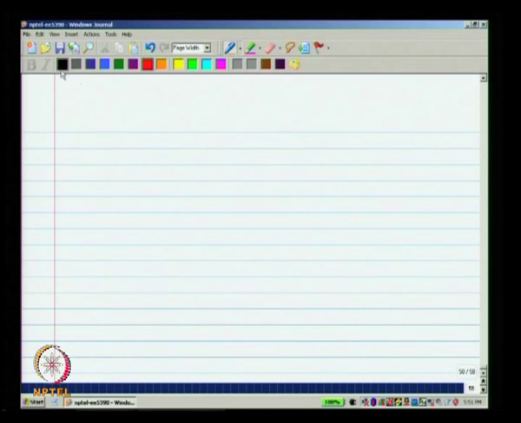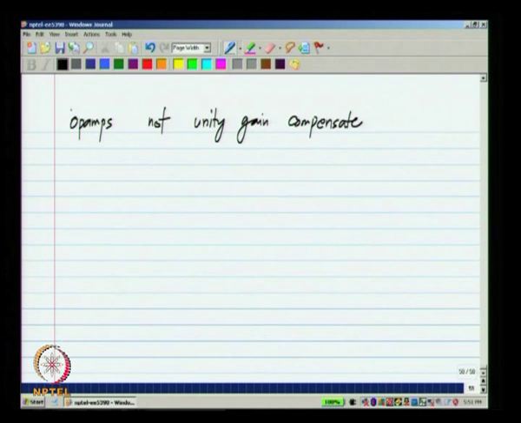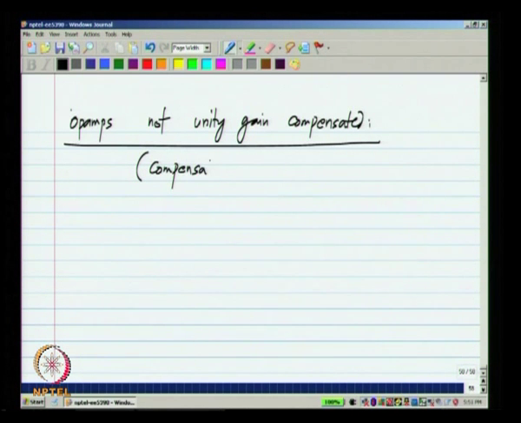So, there are also op amps which are not unity gain compensated, which are available. Usually these are compensated for k greater than some value. An example of this, I think you can see from the data sheet, is OPA 657.